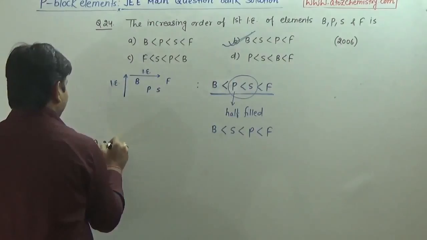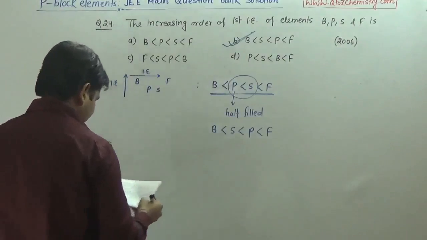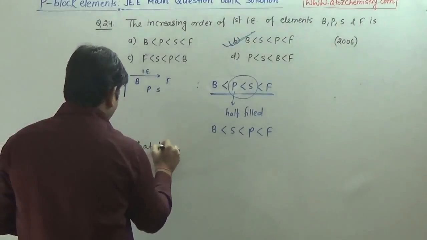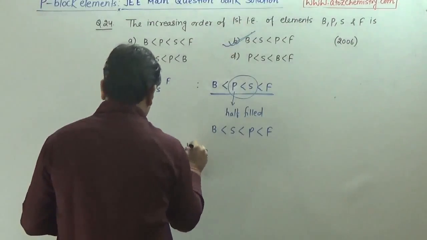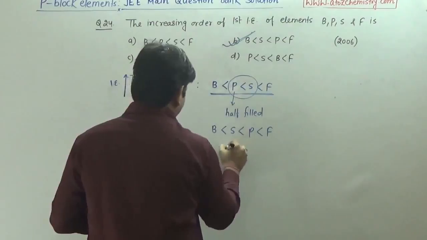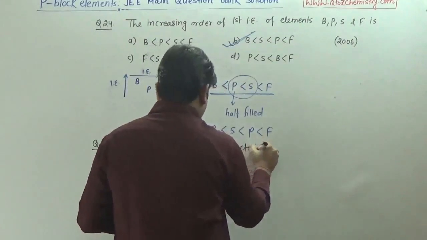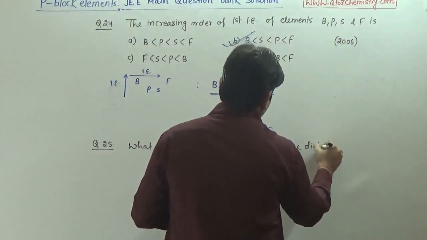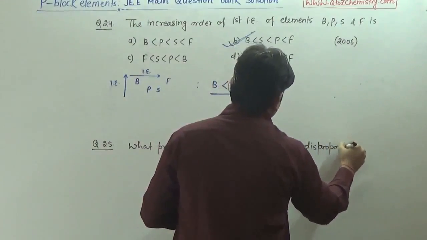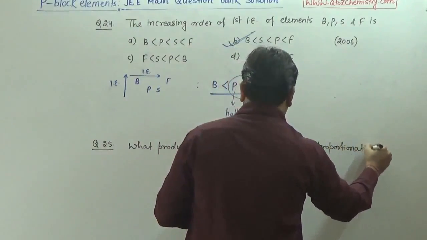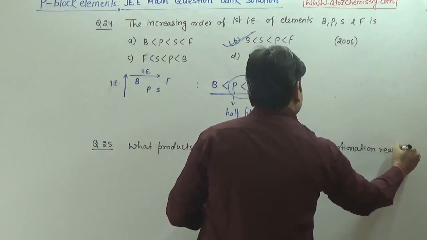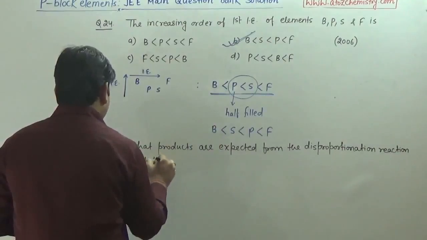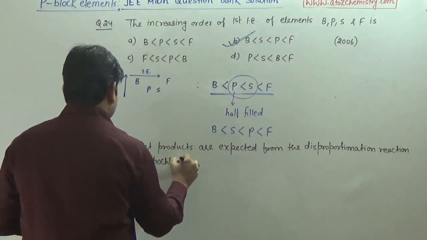Question number 25. What products are expected from the disproportionation reaction of hypochlorous acid?